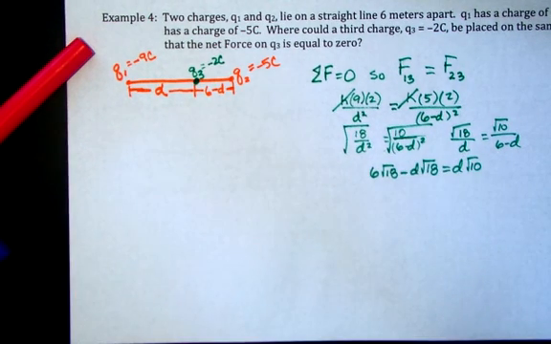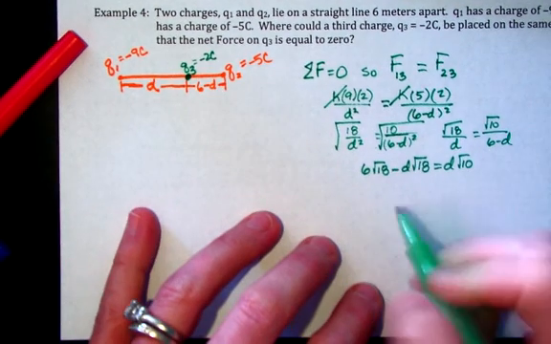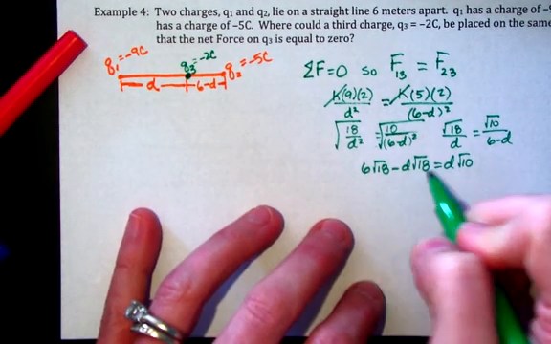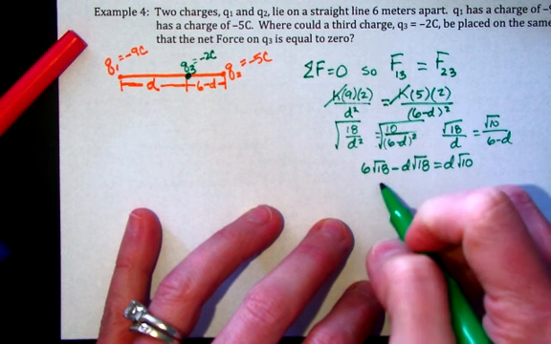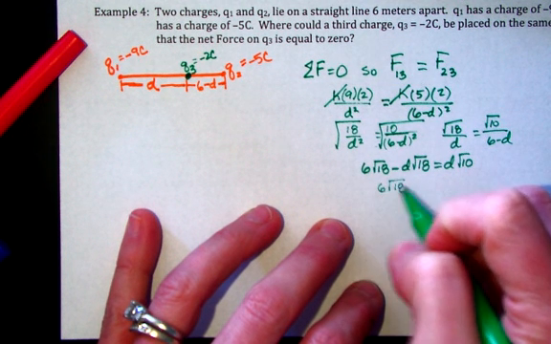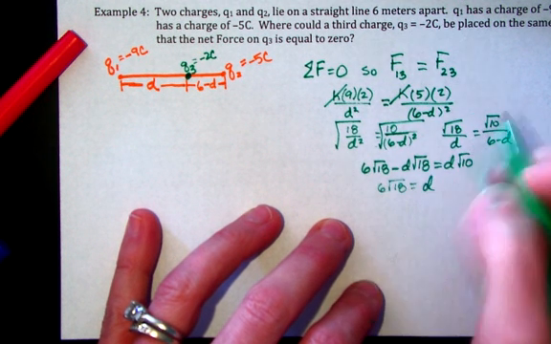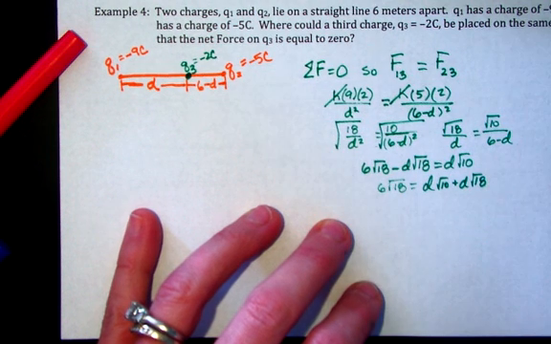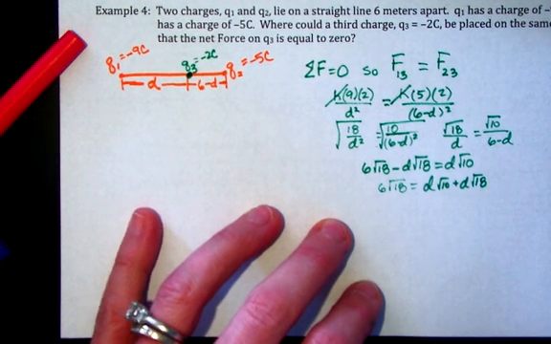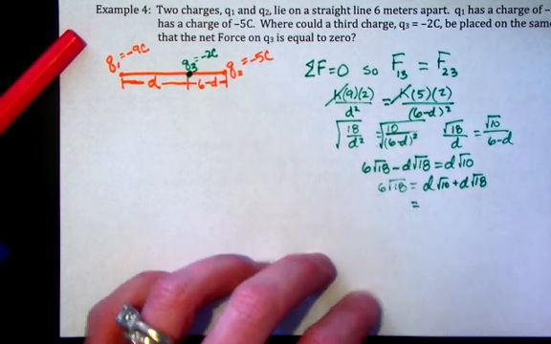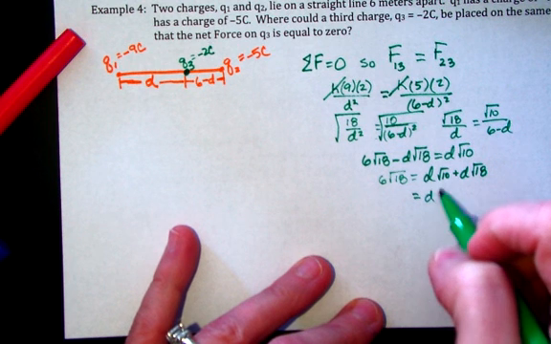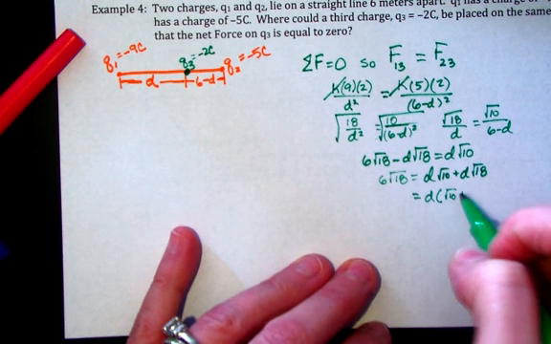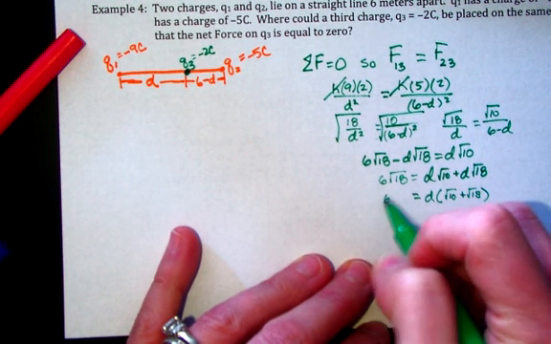What do we need to do next? Excellent. We're going to add the D root 18 to both sides to get our variable on one side of the equation. So we have D root 10 plus D root 18. Now what? Factor out the D, and we get root 10 plus root 18 over 6 root 18.